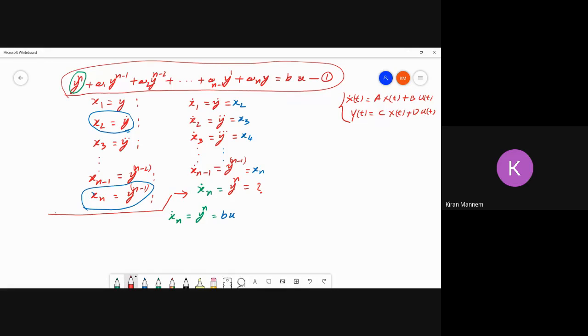It will be b u minus a1 y to the power of n minus 1 minus a2 y to the power of n minus 2 minus, and so on, dot dot dot minus a n minus 1 y to the power of 1 minus a n into y. Okay, so this is your last equation.